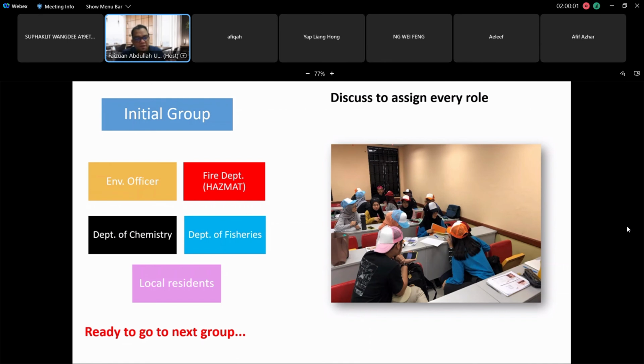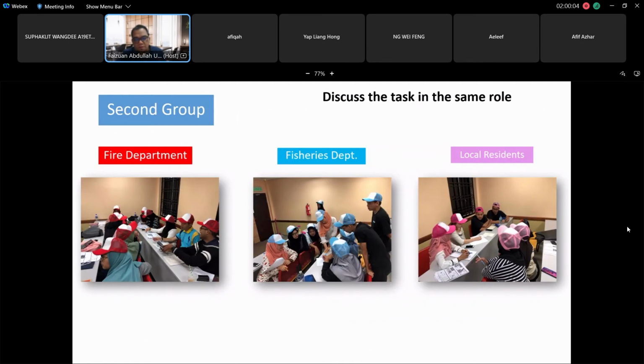After you have identified all the roles in the group, the second group needs to discuss. The second group is formed from the roles in your initial main group. The fire department officers, the hazmat officers from all groups will be together. All the fisheries department officers from all groups need to be together, and local residents need to be together, to discuss what they need for the sampling and sample preservation.